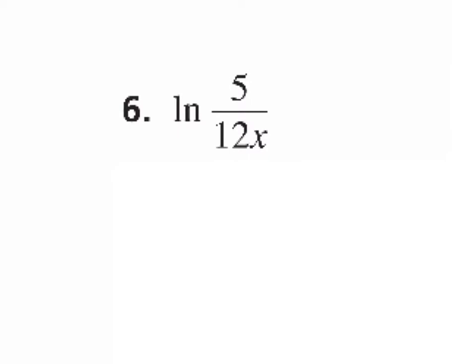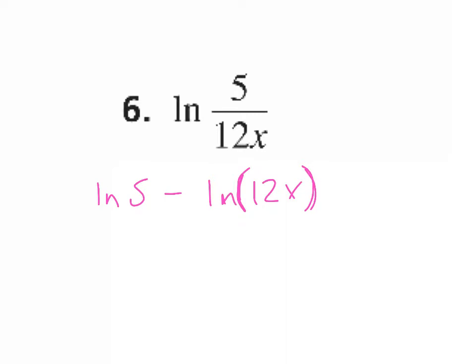How can we expand this? Subtract. Since we're dividing, we expand it by subtracting. So we have ln of 5 minus ln of 12x. What else can we do? If we have two things happening in here, how can we expand this?